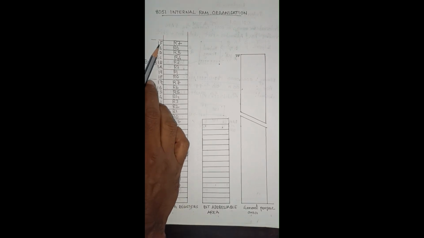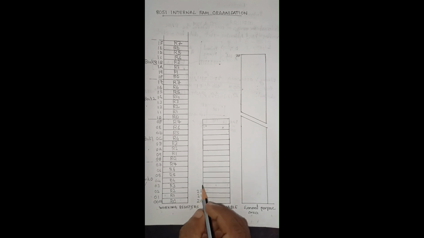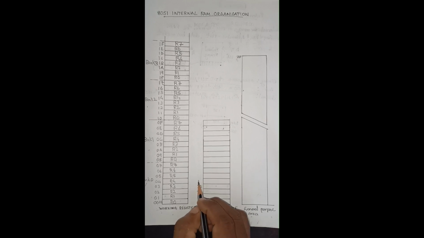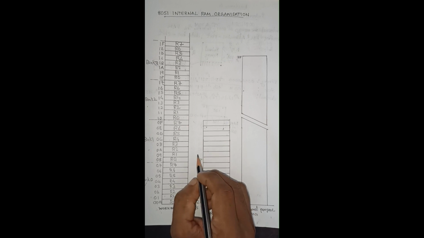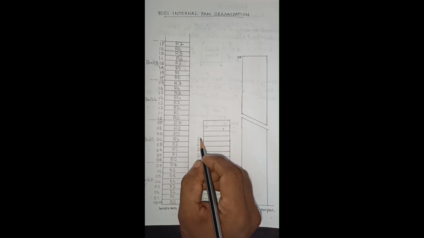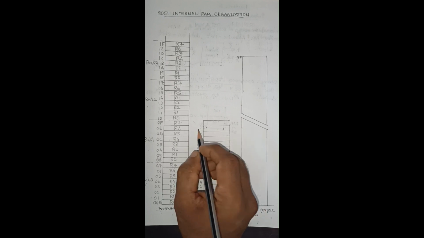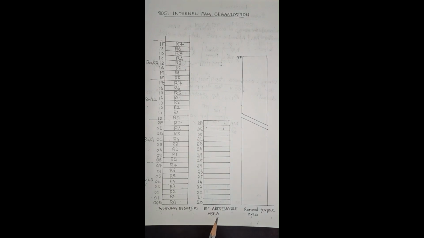So continuing with our address, after 1F, the address is 20, 21, 22, 23, 24, 25, 26, 27, 28, 29, then 2A, 2B, 2C, 2D, 2E, 2F. So the next 16 locations are the bit addressable area.